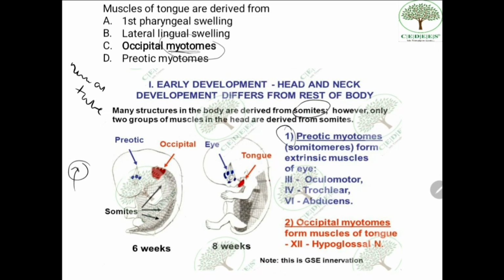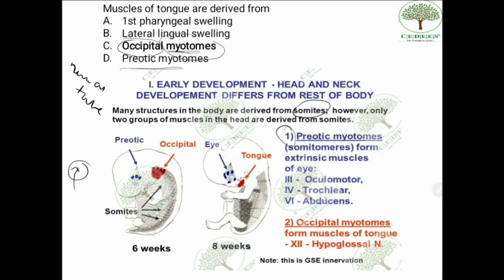Very important to remember. The first one is the preotic myotomes, which form the extrinsic muscles of the eye. All the extrinsic muscles, the recti and oblique muscles of the eye, are supplied by our option D, the preotic myotomes. The second group is the occipital myotomes.